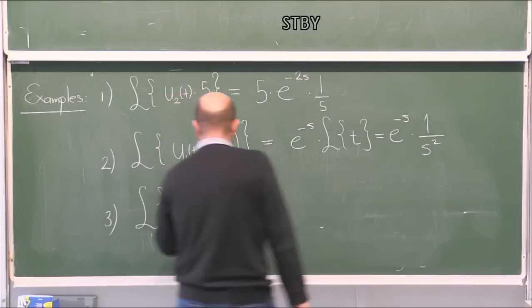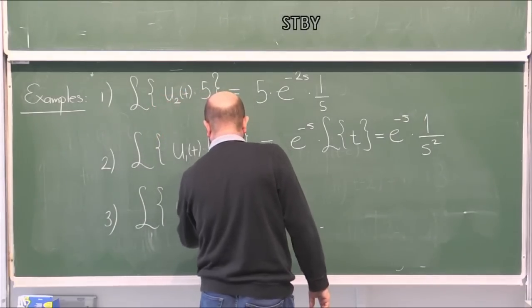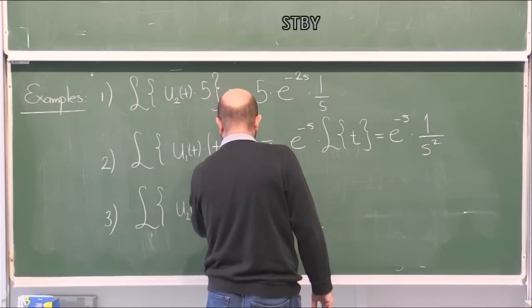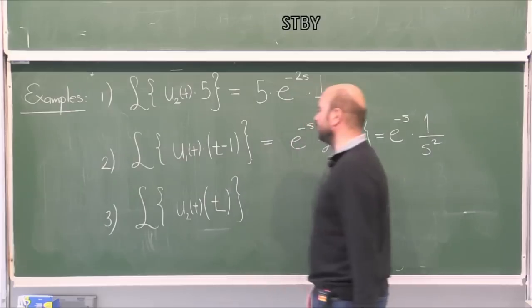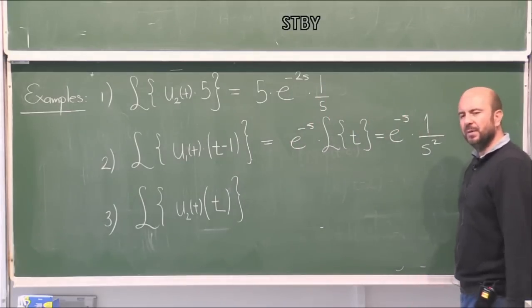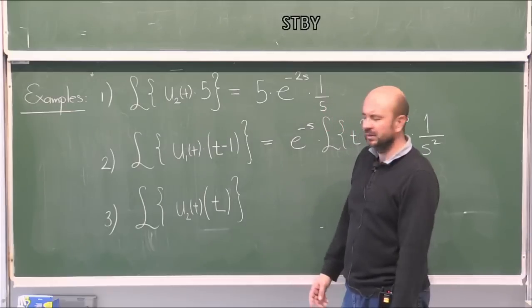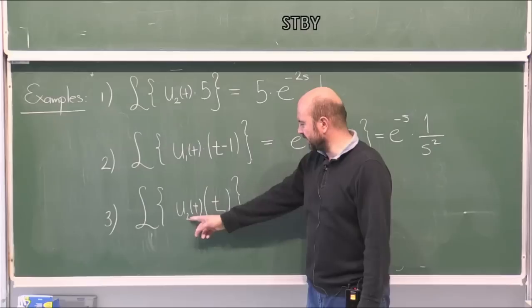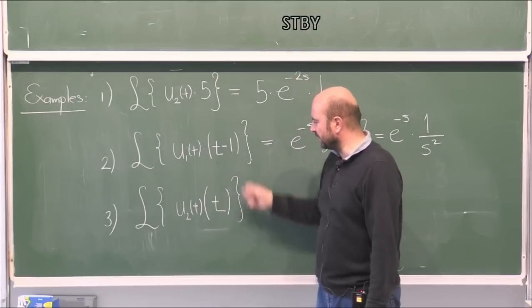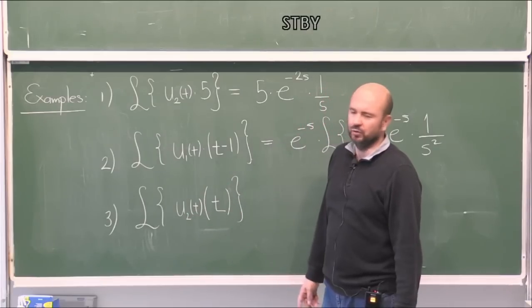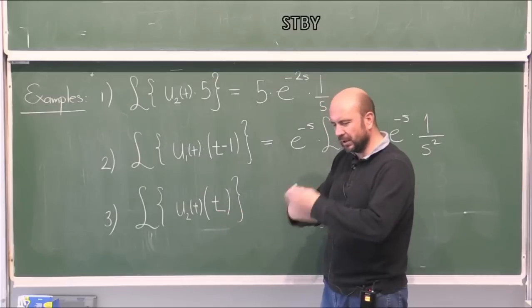u2(t), and how about t here? I want to find this. But now I cannot apply the formula because to apply it, there must be a shifting here with 2. So I will manipulate it.